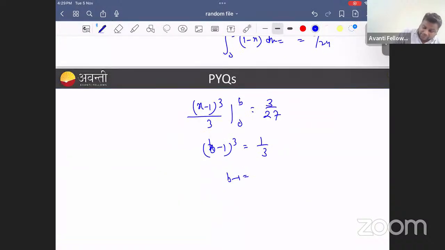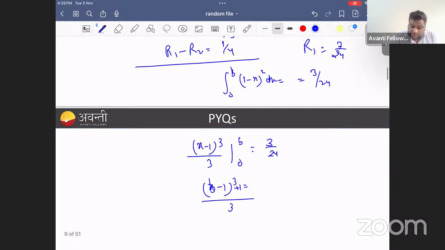So it becomes (b minus 1) whole cube minus (minus 1), so plus 1 by 3. Yes, I made a mistake actually.